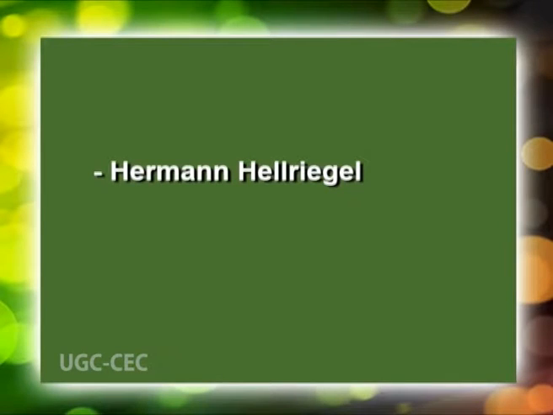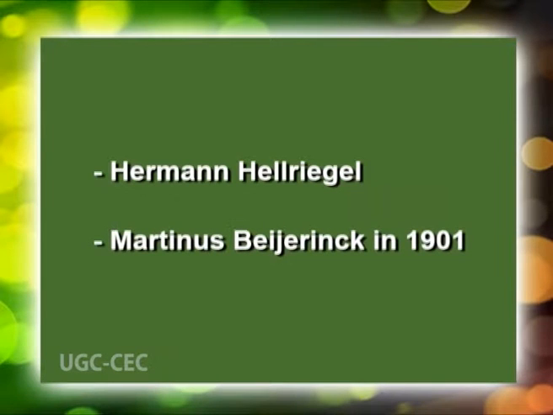Biological nitrogen fixation was discovered by the German agronomist Hermann Hellriegel and Dutch microbiologist Martinus Beijerinck in 1901. Biological nitrogen fixation occurs when atmospheric nitrogen is converted to ammonia by an enzyme called nitrogenase.